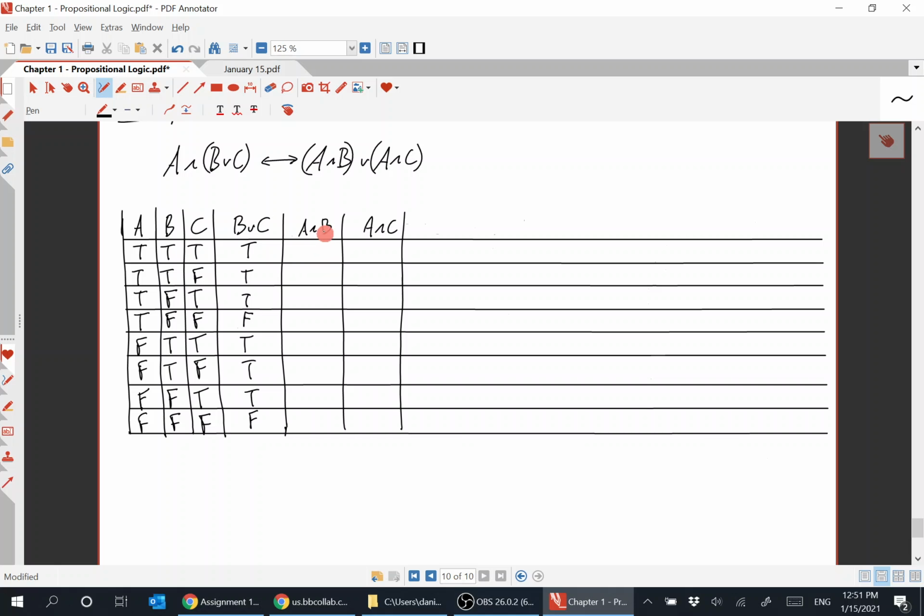A and B is true only when A and B are both true, here and here, and false everywhere else. A and C is true only when A and C are both true, which is here and here, and false everywhere else.